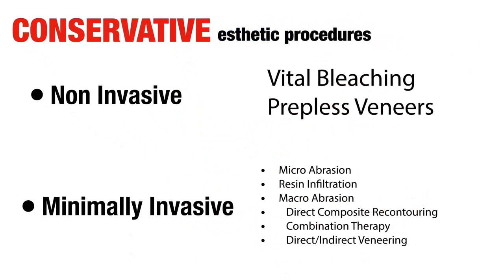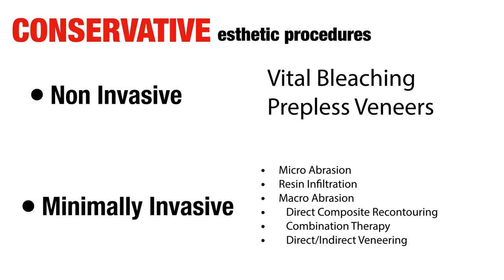Including the conservative aesthetic procedures, we discussed two categories of treatment modalities. Number one is the non-invasive treatment procedure, in which we are not supposed to use any high-speed turbine, but rather, by definition, it is a non-invasive type of treatment.